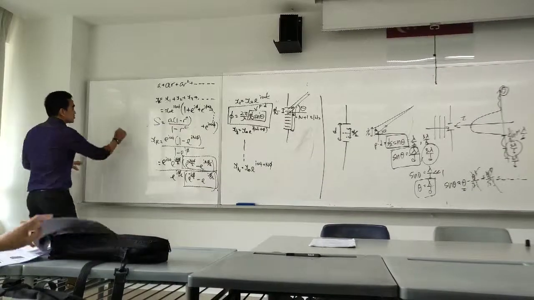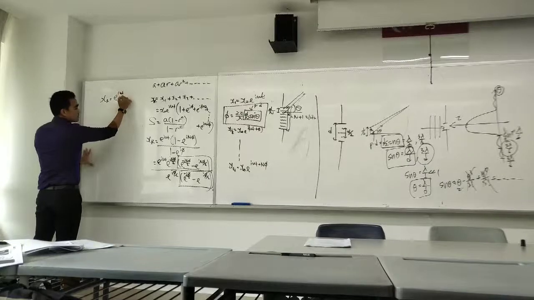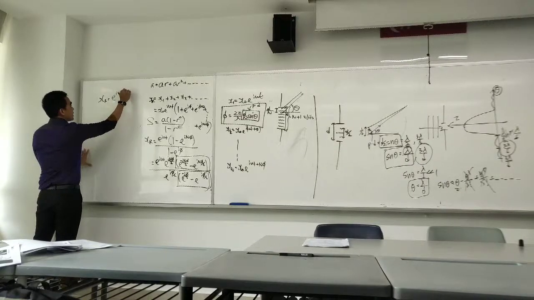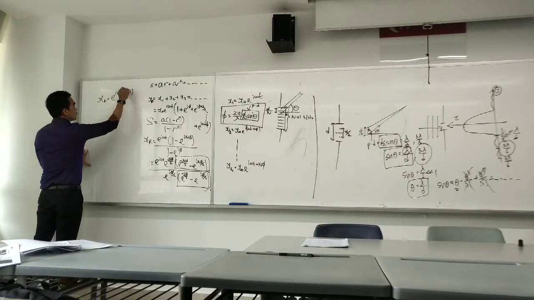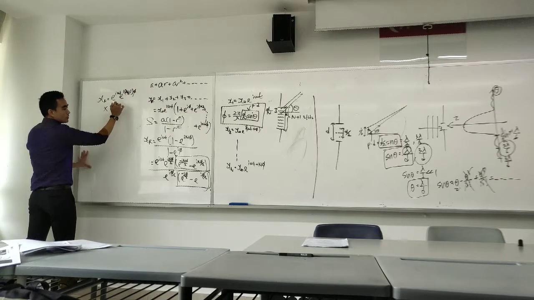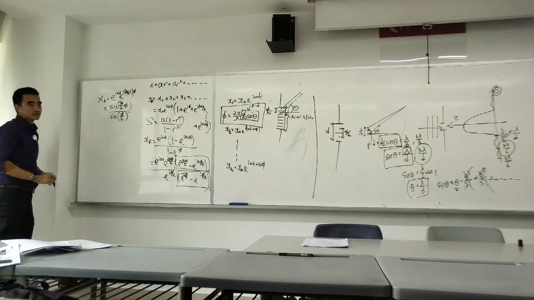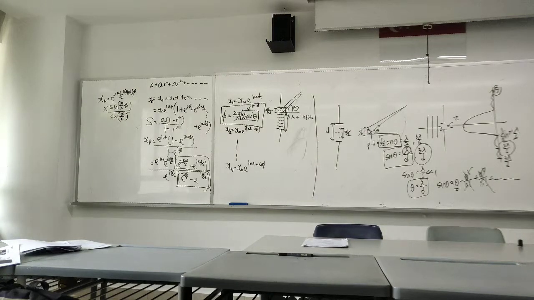Now, can you see that this will be x_R equals e to the power i omega t, e to the power i (n minus 1) upon 2 phi, multiplied by sine of n upon 2 phi divided by sine phi upon 2. You learn this in complex numbers, no?